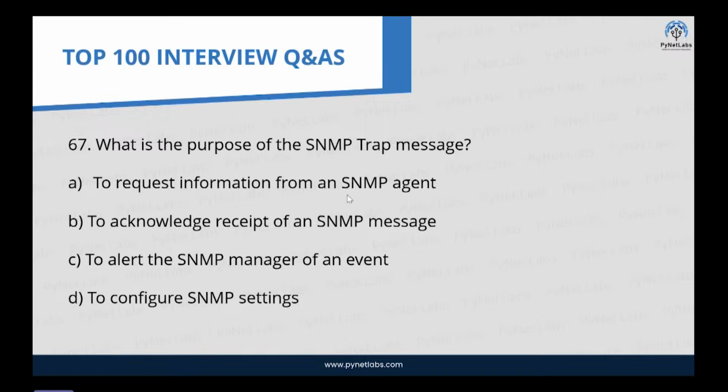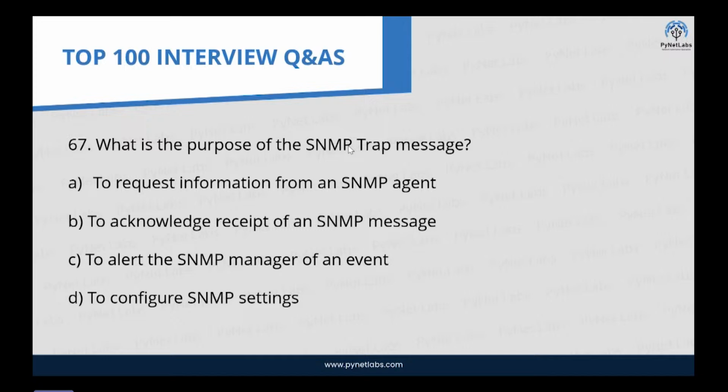So therefore, the correct answer for this one is going to be option C, to alert the SNMP manager of an event. Basically, some event notifications are generated. There are asynchronous notifications, event types, and trap format configurations on the SNMP manager.